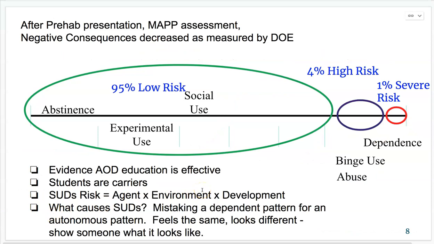When we identify and intervene on the 20% and move them to low risk and educate the low risk, we start to have a model that looks like this. This is amazingly consistent. And we reduce a lot of the severe to what's now a very small high-risk group and a very small severe risk group. And that's the idea.